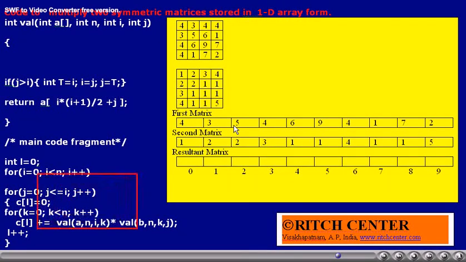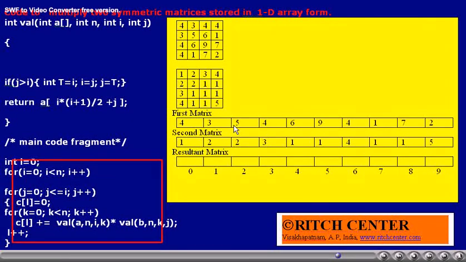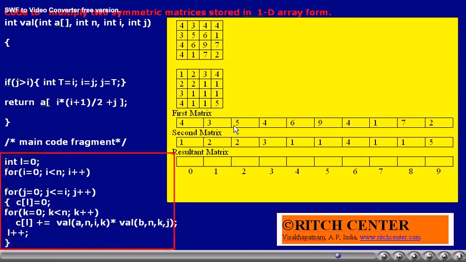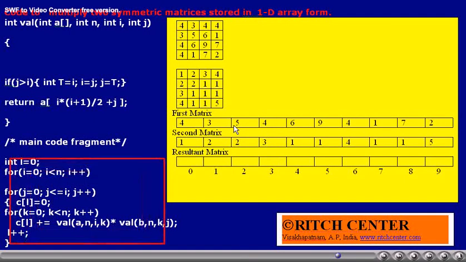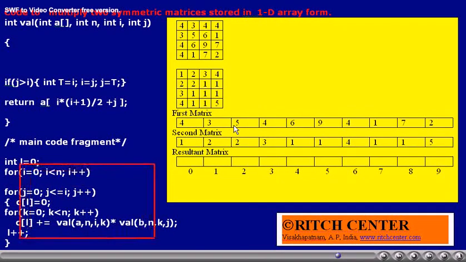We are using the function val, to which we send the 1D representation of any 2D symmetric matrix, the size of the matrix n, and the row index and column index. This function returns the ith row jth column element of that 2D symmetric matrix by reading from its 1D representation. That we are using in the program.